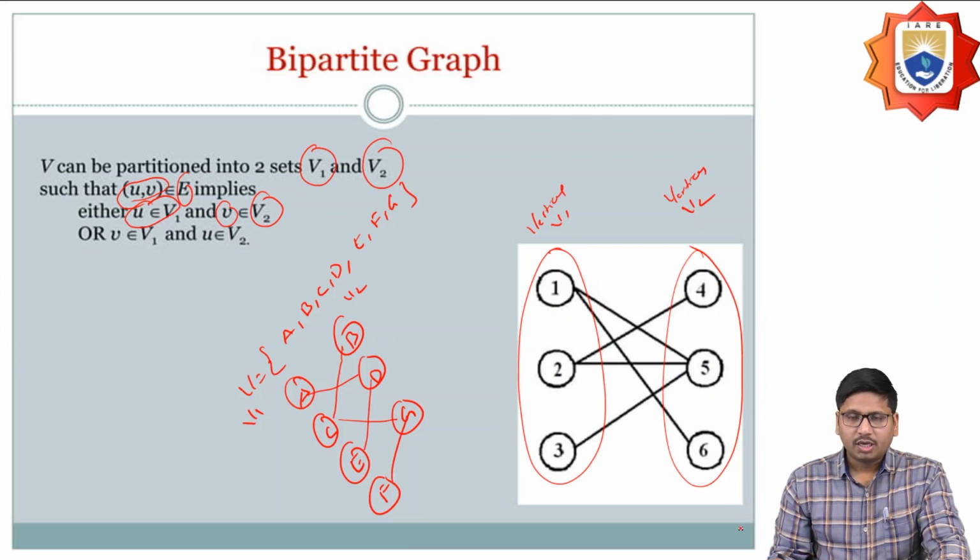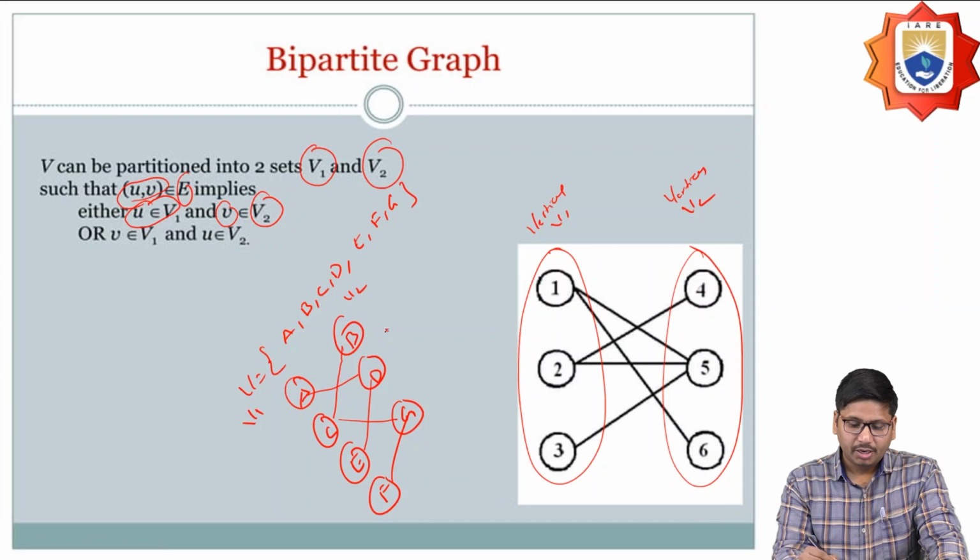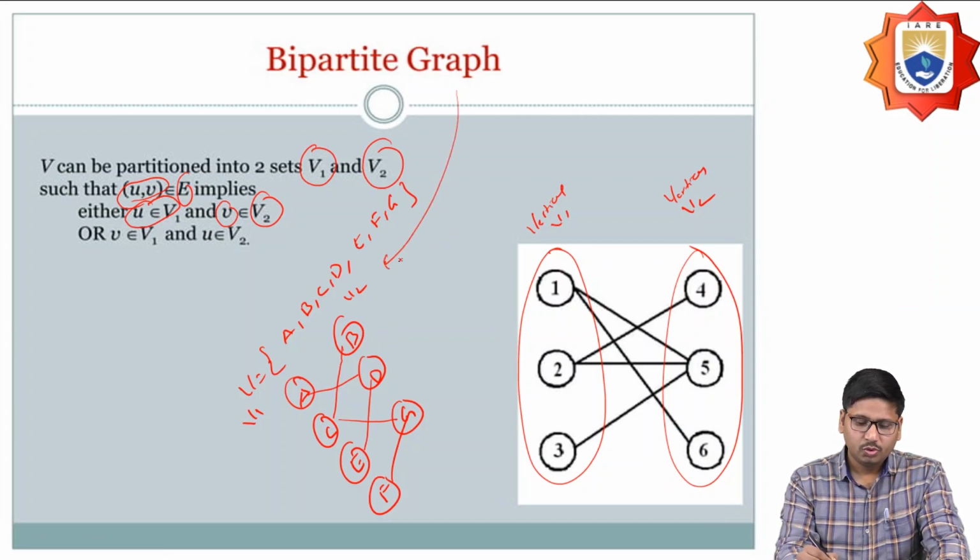This kind of graph we call a bipartite graph. In a bipartite graph, the vertices are divided into two subsets, and the connections are mapped between a vertex of one set and a vertex of the other set.